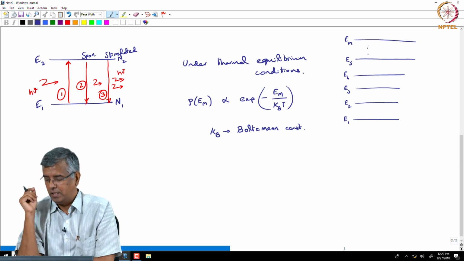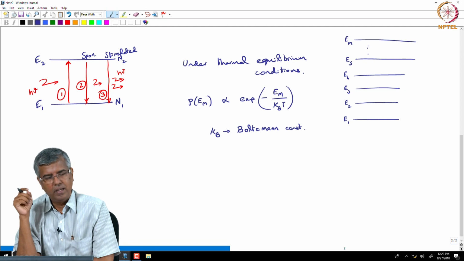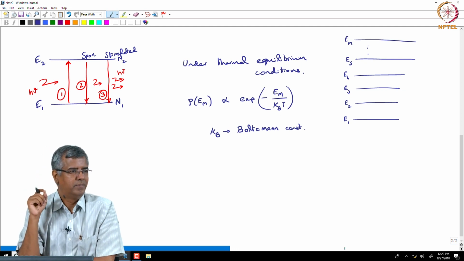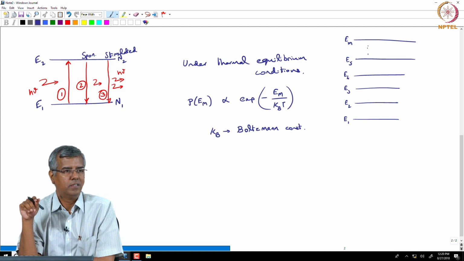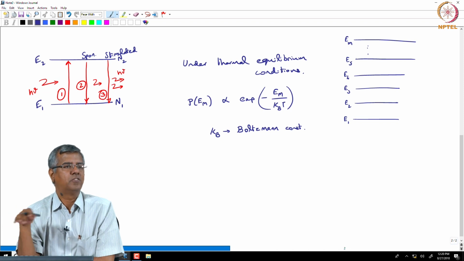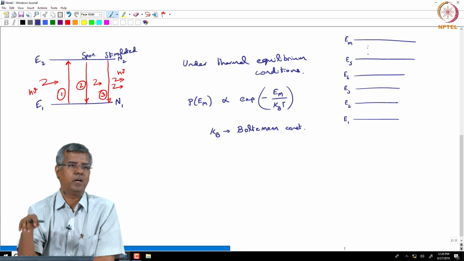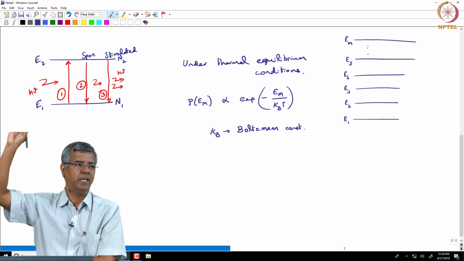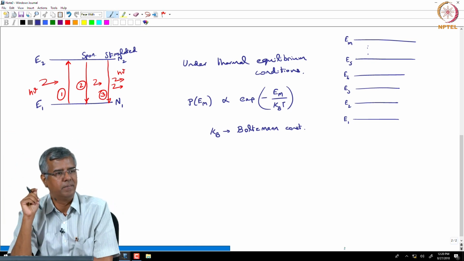In other words, if T is 0, T is absolute 0, thermal energy is 0, all my electrons are going to be only in my valence orbital. You will not find any electron in any of the higher energy levels.